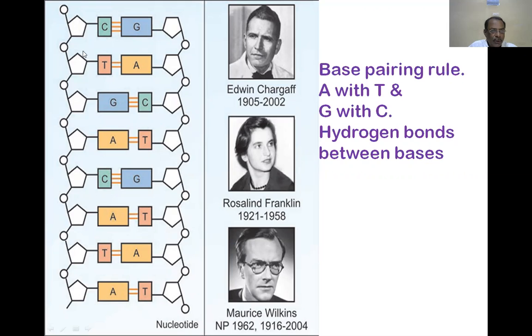These two nucleotides are connected by a phosphodiester bond. This is a double bond with oxygen, diester bond. So each nucleotide is connected by a phosphodiester bond.